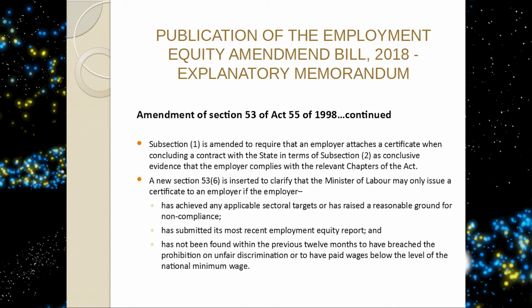Number 2, you will only be issued that certificate if you have submitted your EEI2 and EEI4 reports to the Department of Employment and Labour. And number 3, if your company has not been found within the previous 12 months to have breached the prohibition on unfair discrimination or to have paid wages below the level of the national minimum wage. Ladies and gents, colleagues, if Section 53 is to be introduced going forward, please get your house in order.